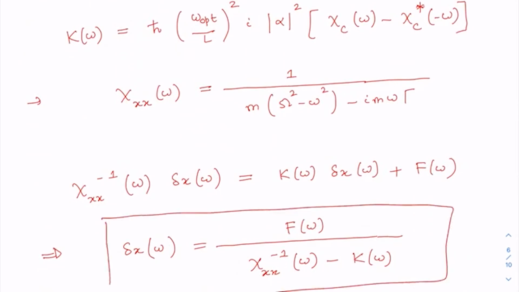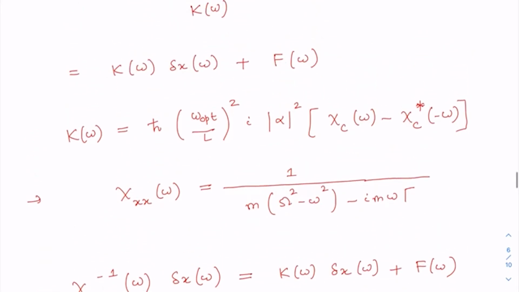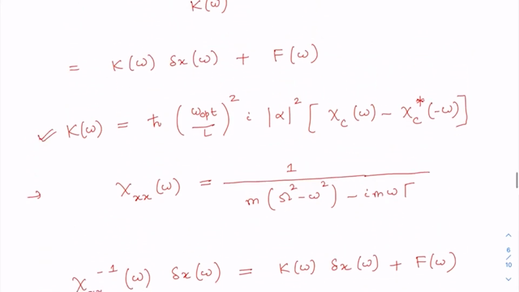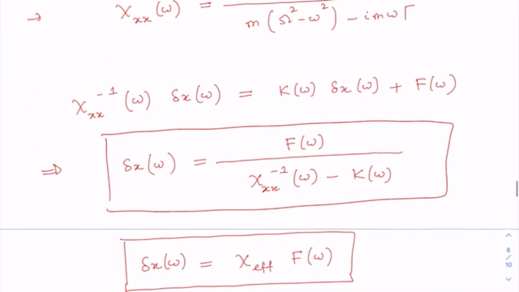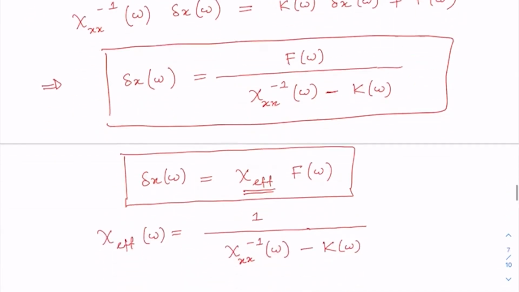And we have defined a parameter called K of omega, and what it basically shows is that because of the presence of the interaction between the mechanics and the light, the mechanical susceptibility of the mechanical harmonic oscillator is getting modified. So therefore we have an effective susceptibility parameter.